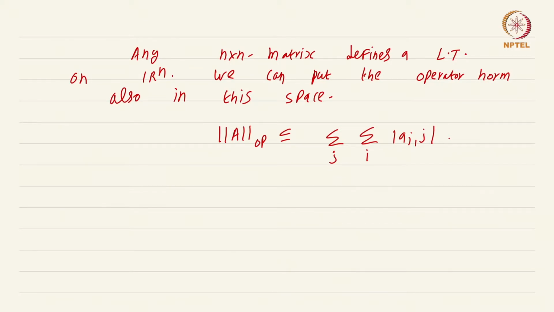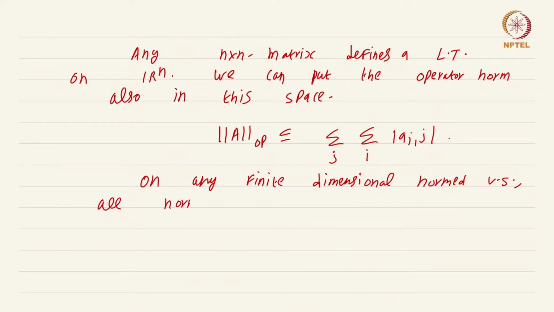You have also seen that on any finite dimensional normed vector space, all norms are equivalent. In fact, all norms are strongly equivalent. So technically the operator norm and the Euclidean norm will be strongly equivalent.